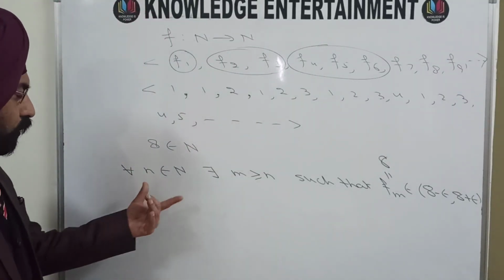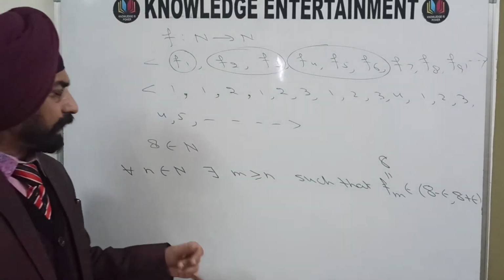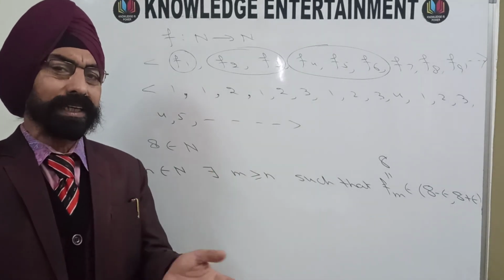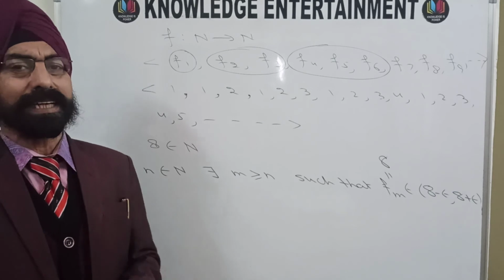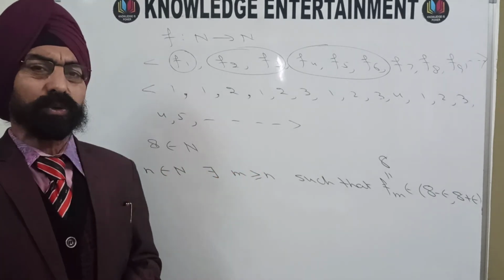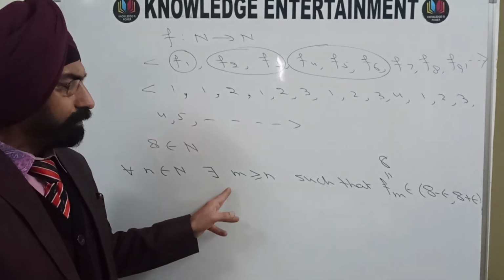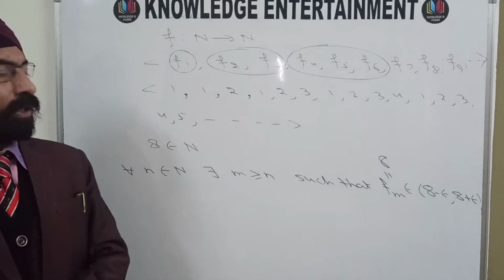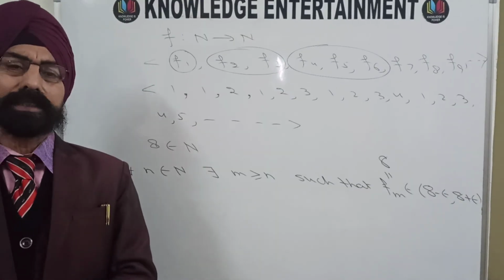You take n from the 8th set, then you can take m from the 9th set, the 10th set, the 11th set, the 12th set. In every set that is subsequent to the 8th set, you take m and your f of m will be 8, and that will belong to 8 minus epsilon, 8 plus epsilon.